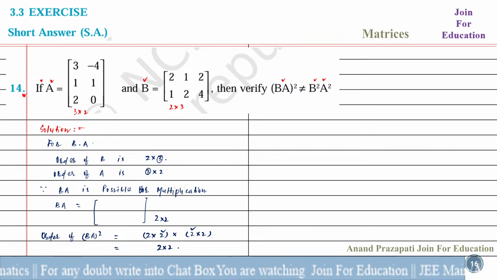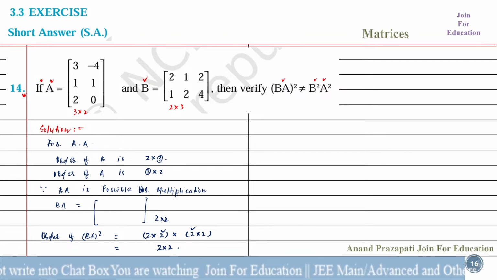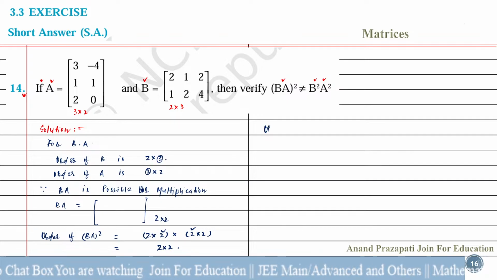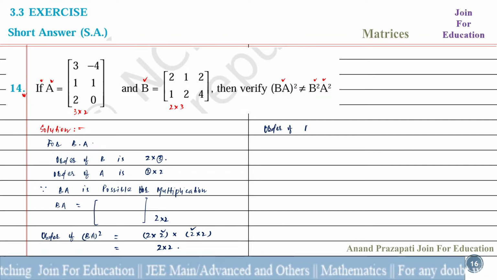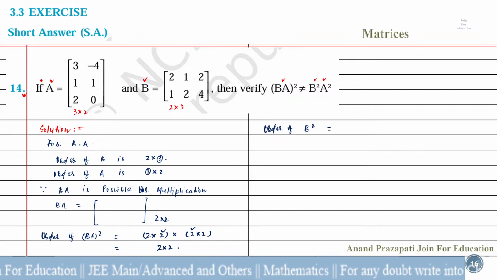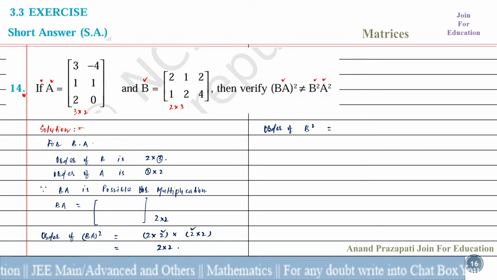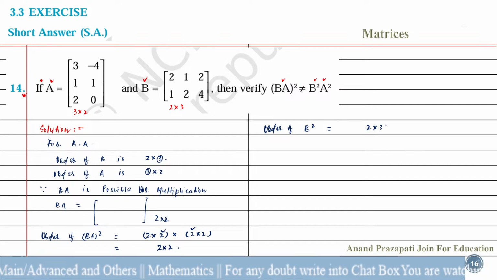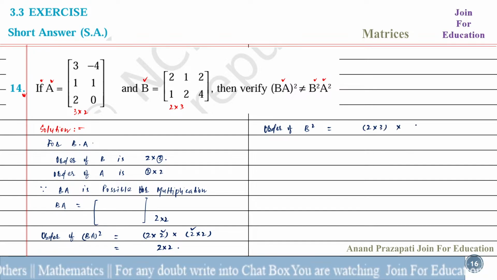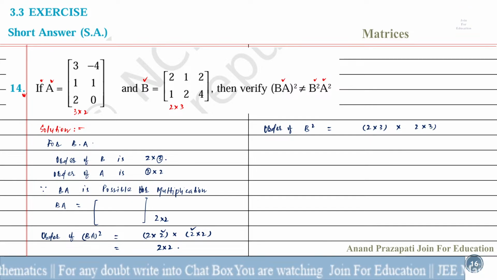Let's discuss about B square. B square, then order of B square equal to what? Then 2 by 3. We write down 2 by 3 into again order of B 2 by 3.